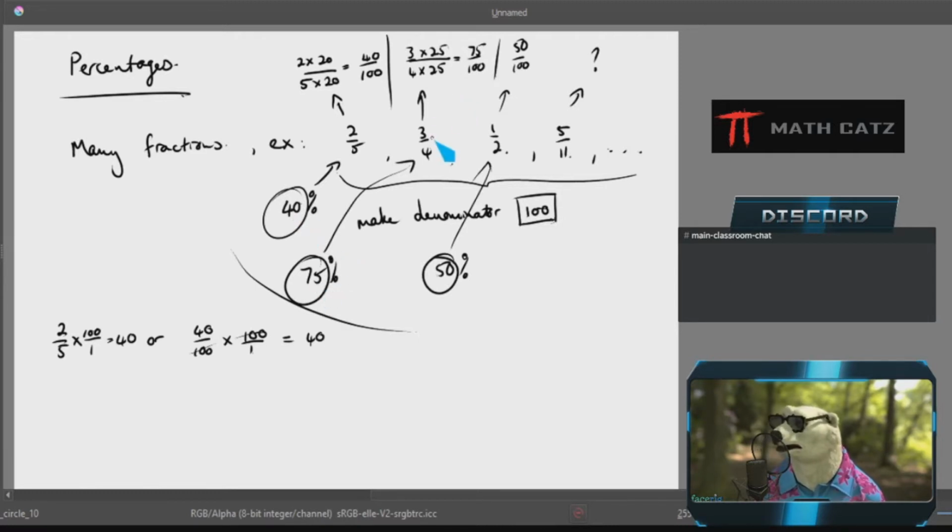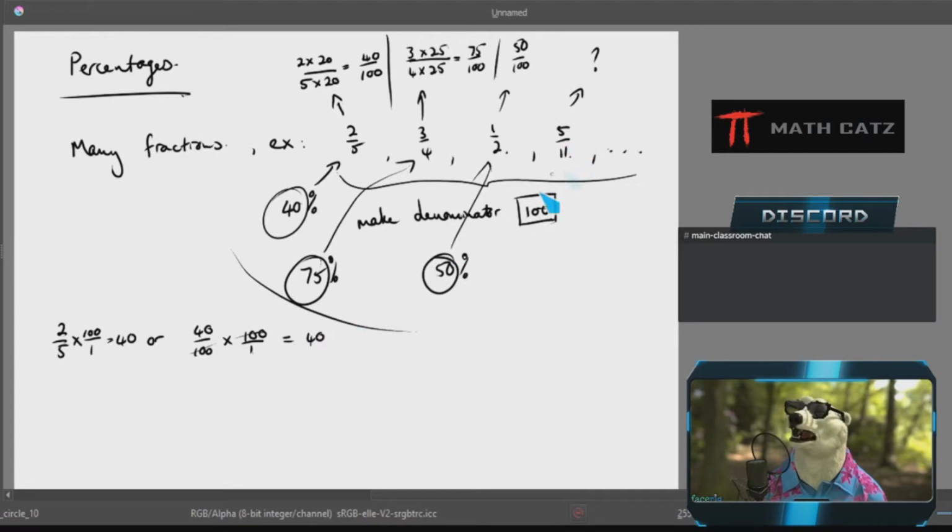I can do that for 3/4 times 100 is going to be 75. 1/2 times 100, obviously 50. So I don't have to think about the full fraction over 100. The 100 is standard. I'm just looking for the denominator. So I can take my original fraction, multiply by 100, and out comes the relevant part of the percentage value.